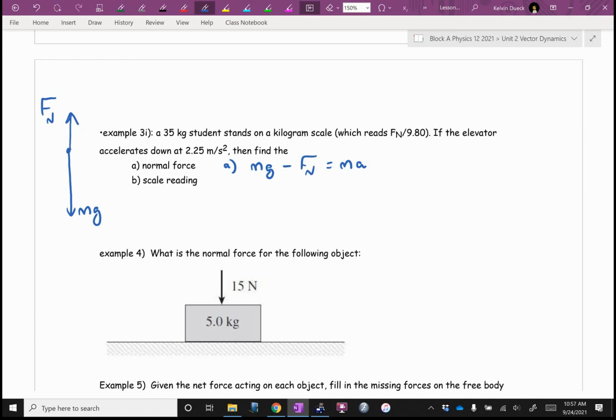This is where I introduced something that we nicknamed the swappy dance last year, where we said, you know what, I can plus that to that side and simultaneously minus that to that side. Why not? Because that'll get the Fn by itself. And I'll end up with mg minus ma equals Fn.